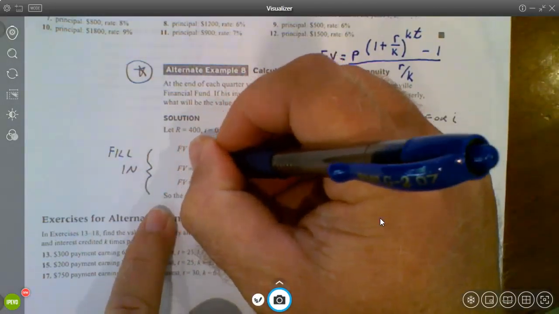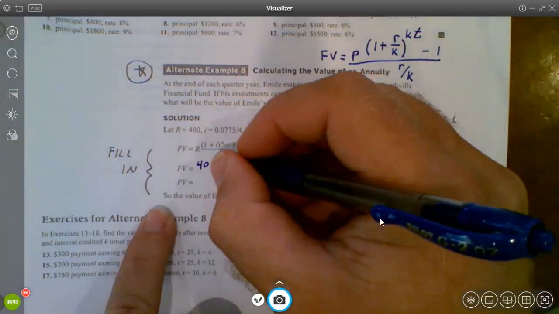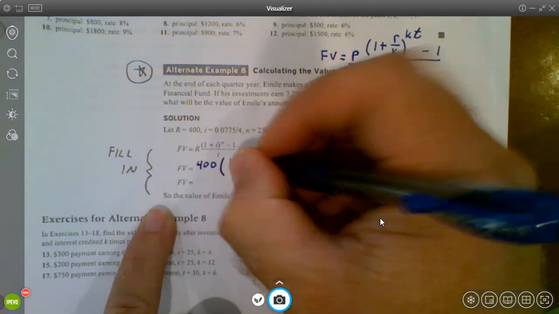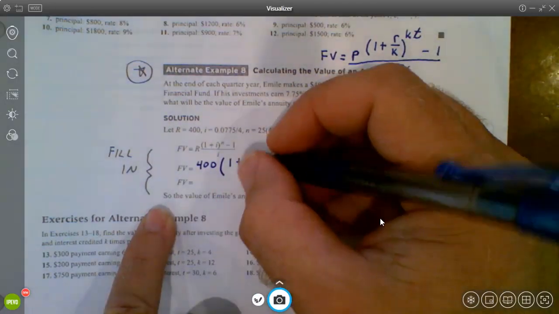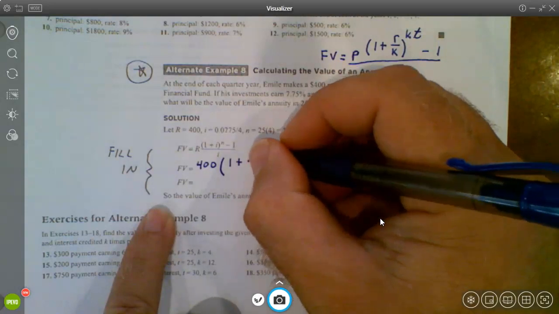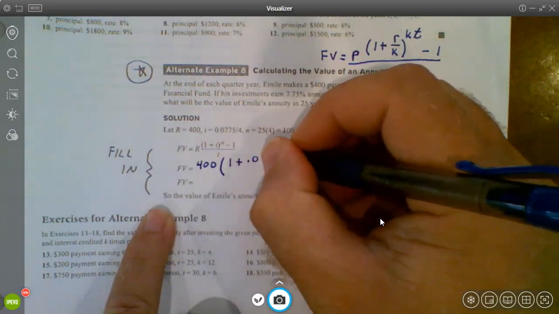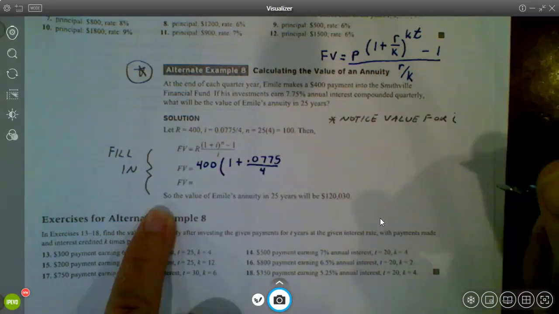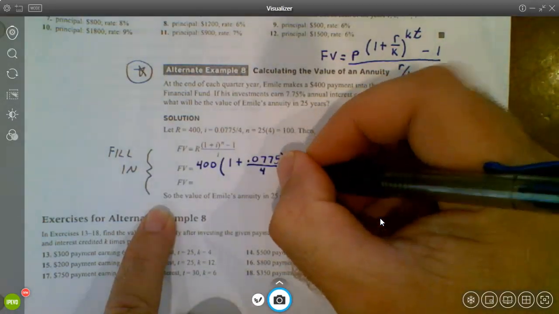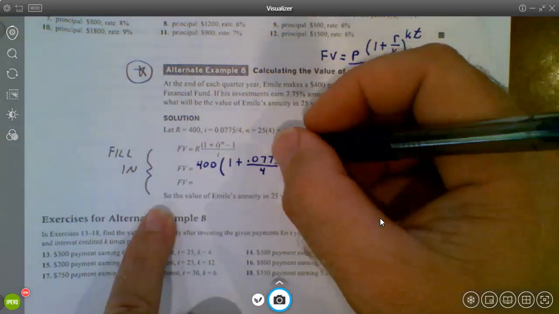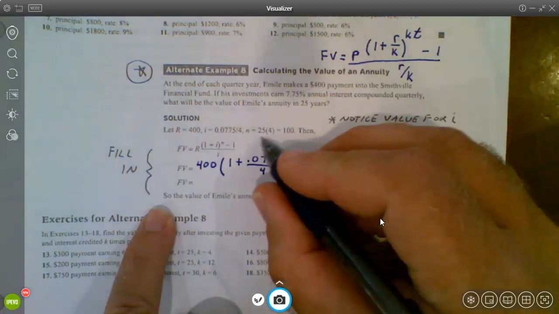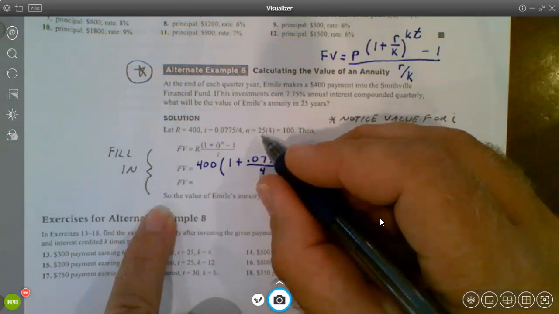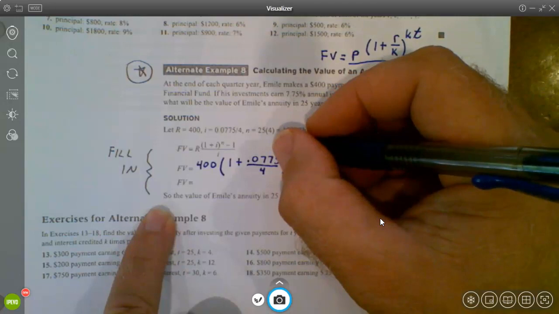I've got the 1 plus my rate over K. So that's 0.0775 over K. This is quarterly, so K would be 4. And then 4T goes up top. So that's this guy right here, right? So it's your compounding periods for 25 years. So this is going to happen 100 times.